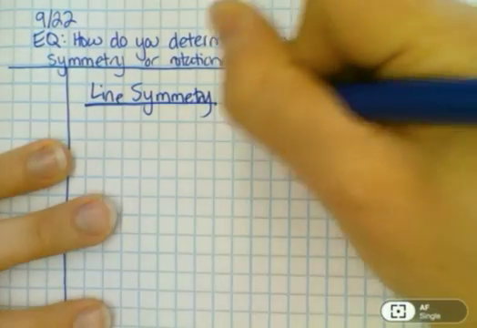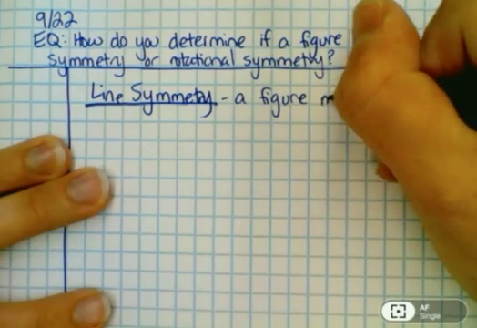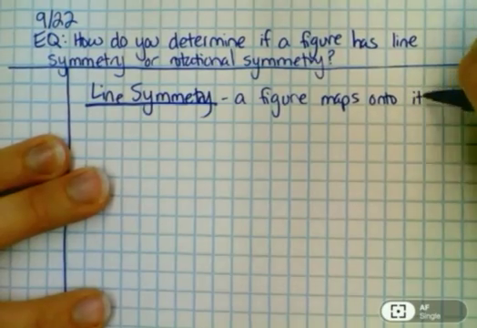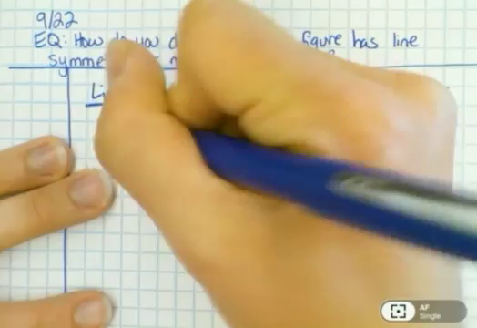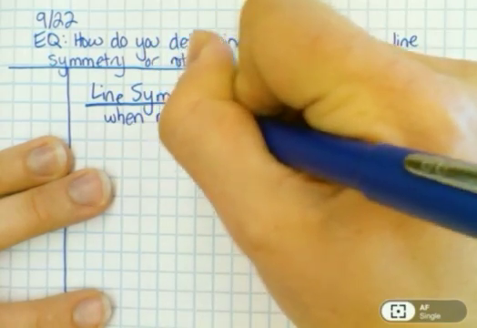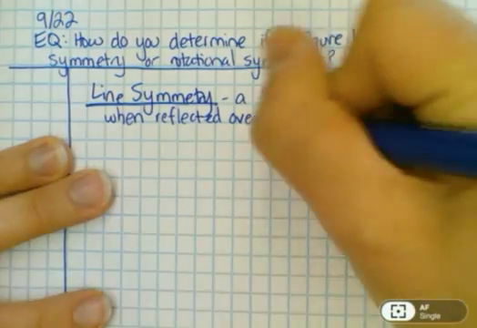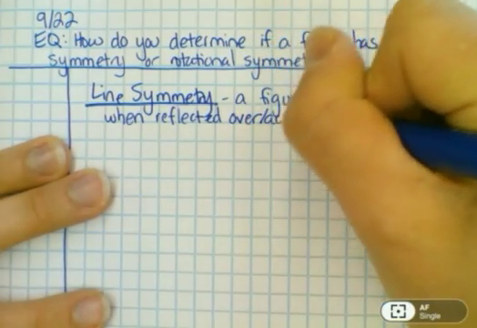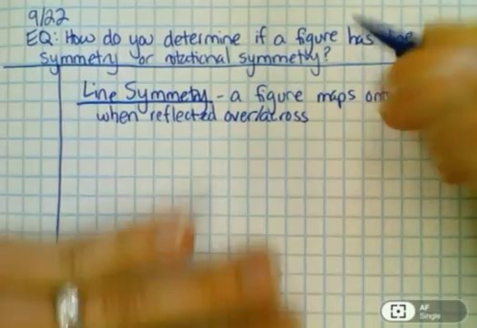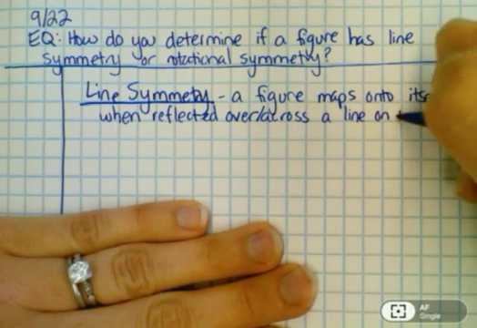So line symmetry is when a figure maps onto itself when reflected over or across. Those 2 words are kind of used interchangeably. Over or across a line on the figure.